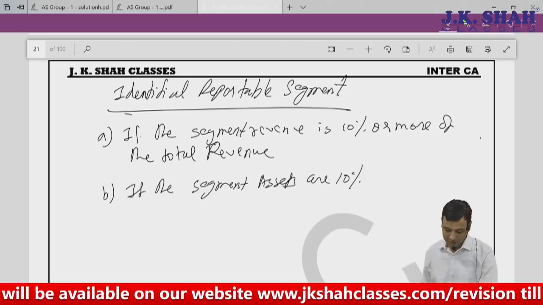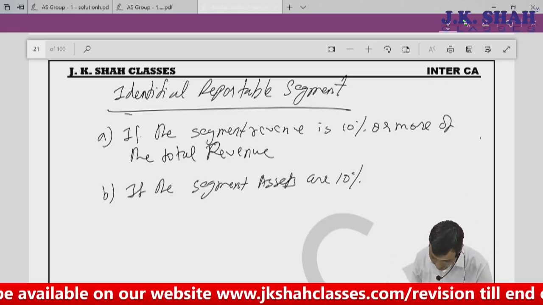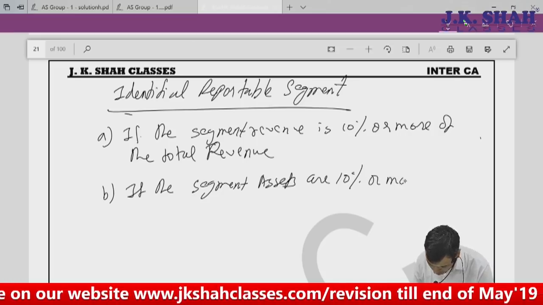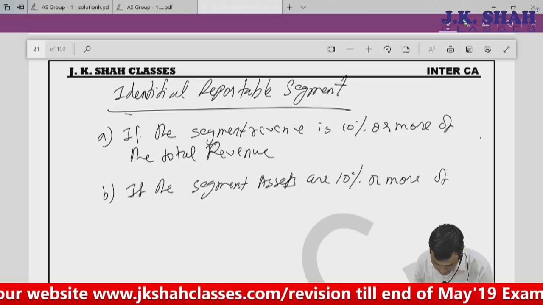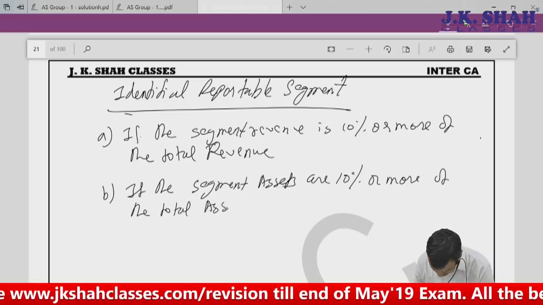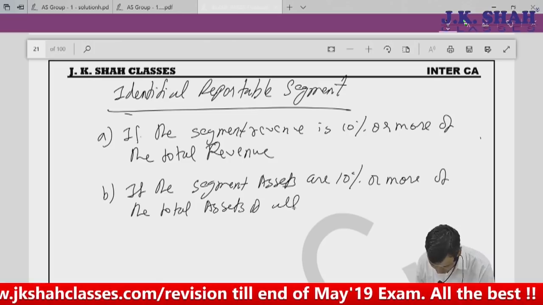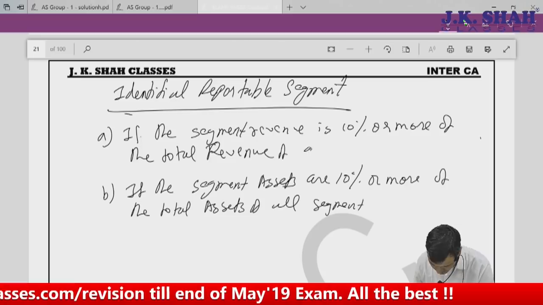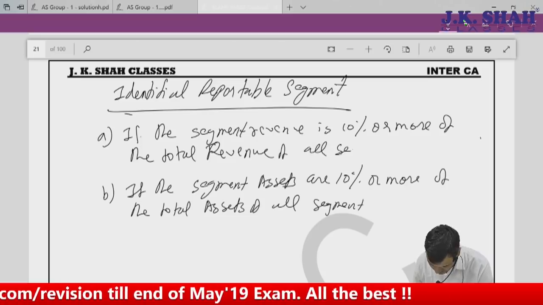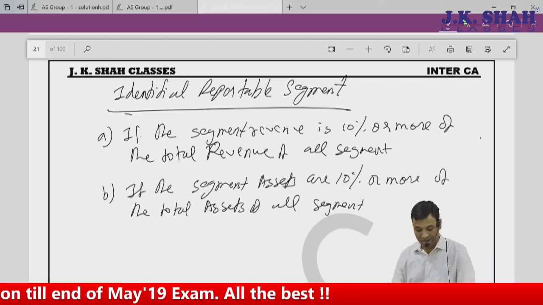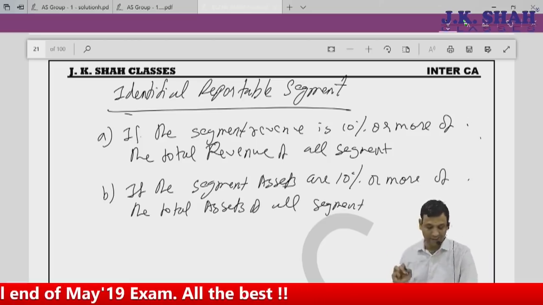But income tax assets not there. If segment assets are 10% or more of the total assets of all segments, then you are reportable. Means either you fulfill criteria 1 or you fulfill criteria 2.